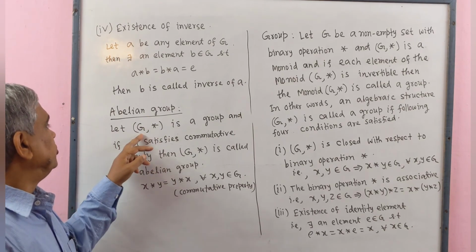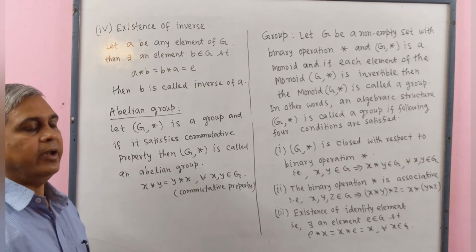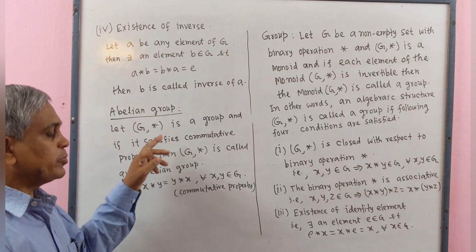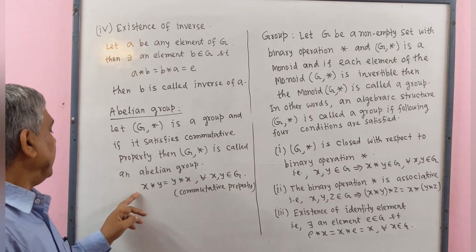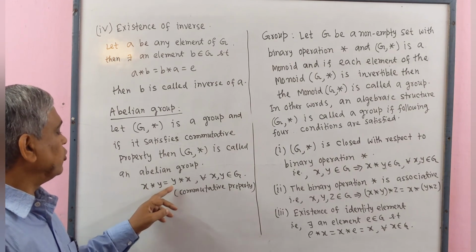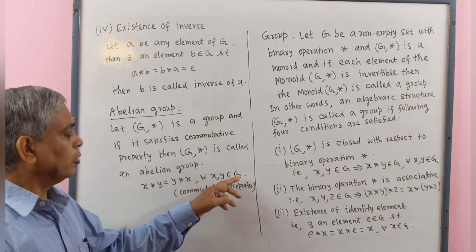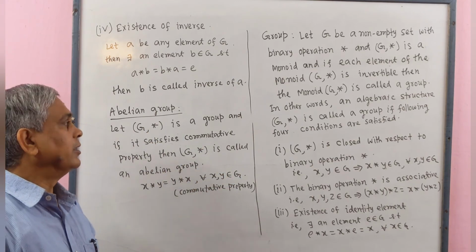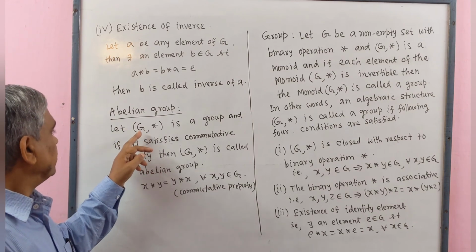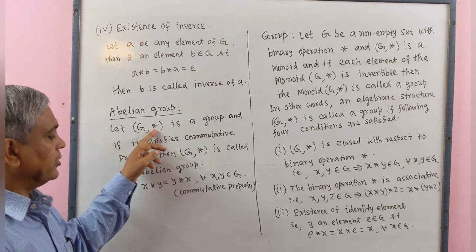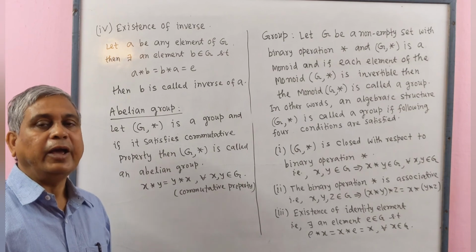Let G star be a group and it satisfies the commutative property, that is x operation y equal to y operation x for all x, y belong to G. Then the algebraic structure group G with binary operation star is called an abelian group.